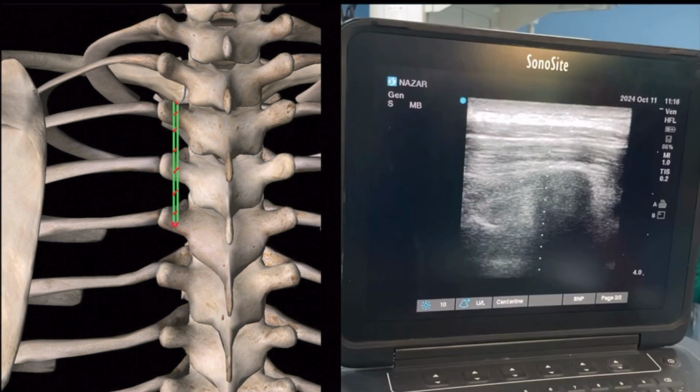After getting the costotransverse view, you have to move your probe further toward the midline, and when you reach the level of the transverse process, you will see this sonoanatomy. Here you will see that the hyperechoic line becomes flat, and this flat line also has the acoustic shadow.